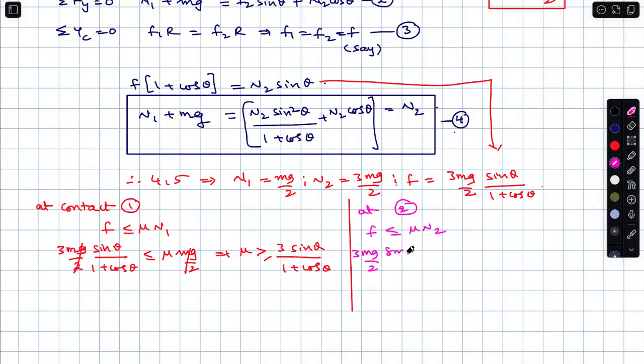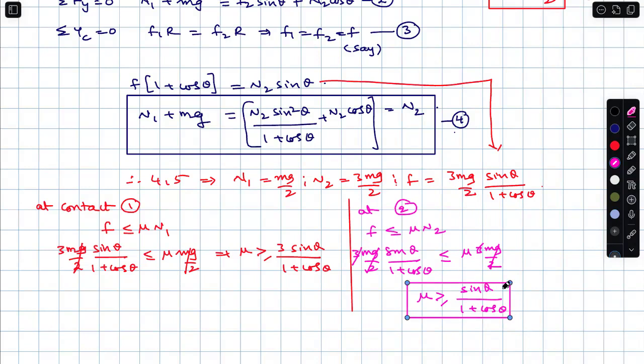3mg/2 sin theta by 1 plus cos theta less than or equal to mu times 3mg/2. You can cancel the common term, so mu is greater than or equal to sin theta by 1 plus cos theta. See, you require two conditions.